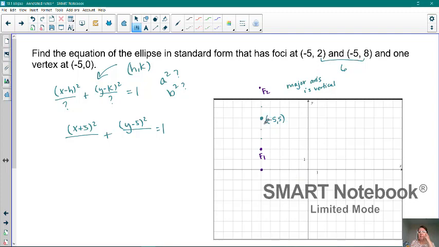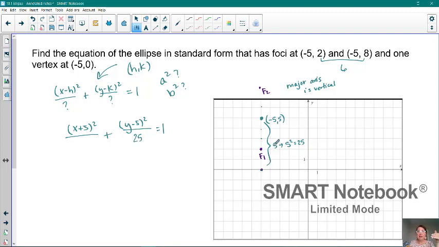I know from the center to a vertex, or an endpoint of a major axis, that amount squared is going underneath y. That's 1, 2, 3, 4, 5 steps away. 5 squared is 25. That's going here.